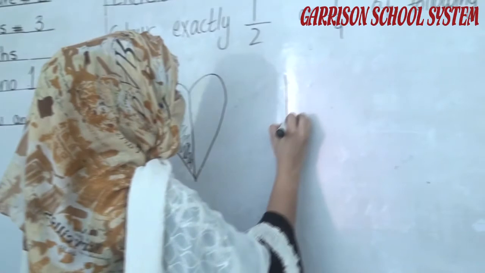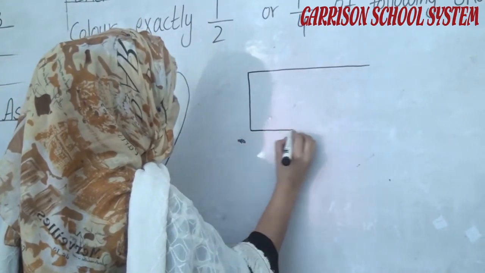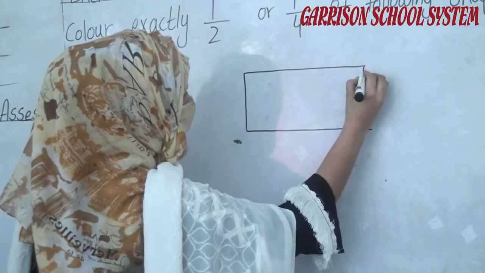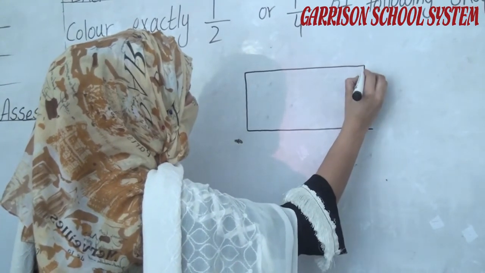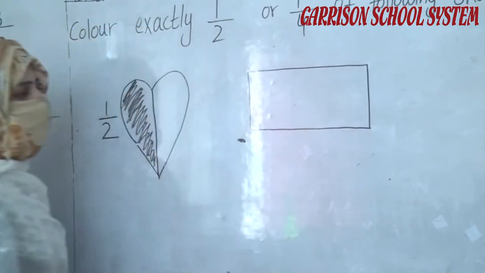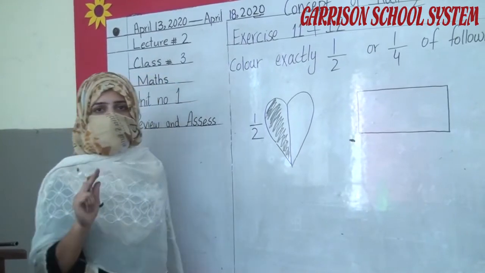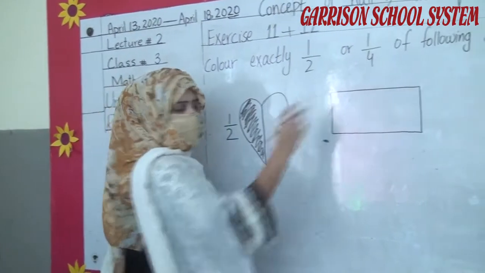Now next shape. First we divide it into equal two parts.